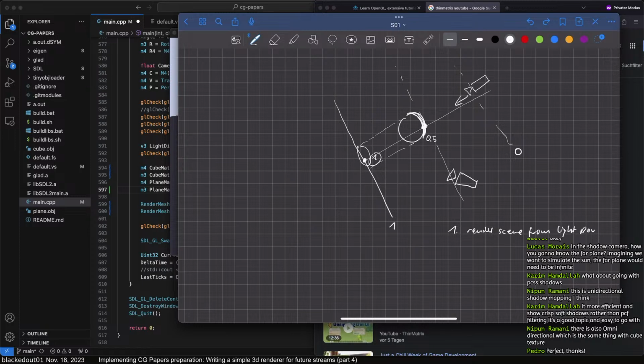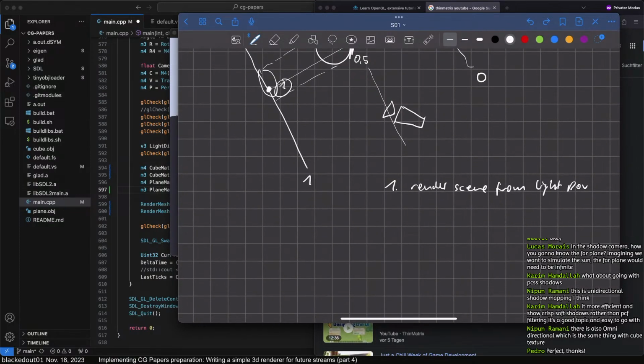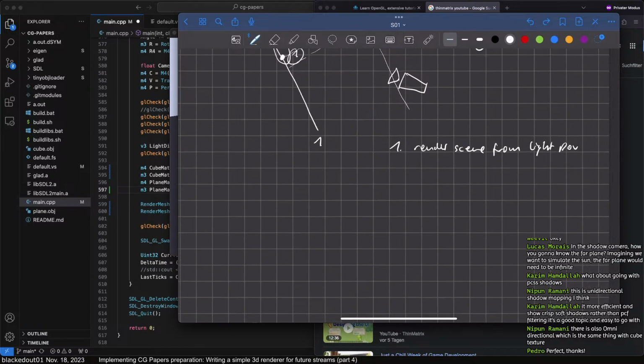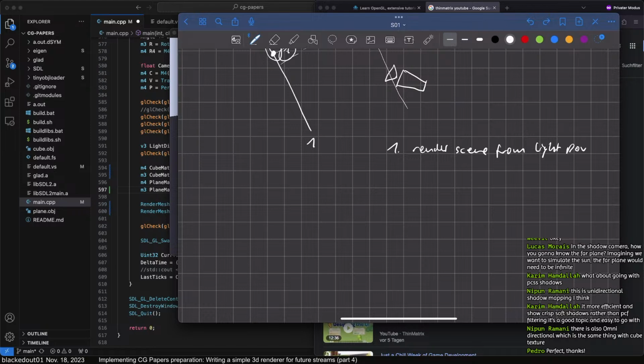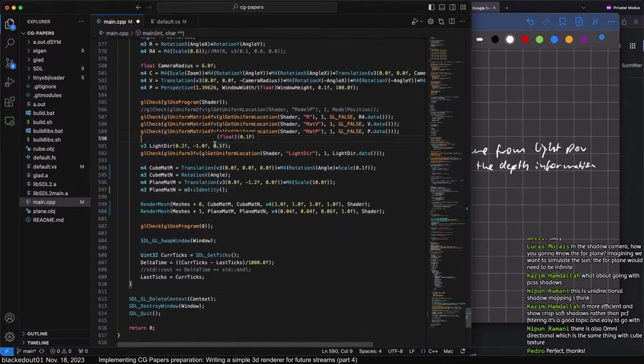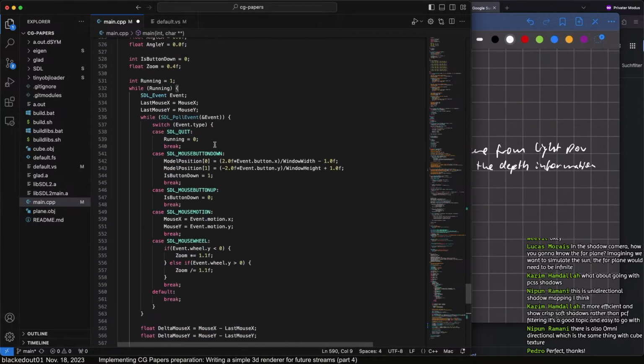Yeah, so I want to concentrate on the coding part now. So the first step is to render the scene from the light's perspective, and specifically the depth information. And that's really the stuff I want to implement right now to start.